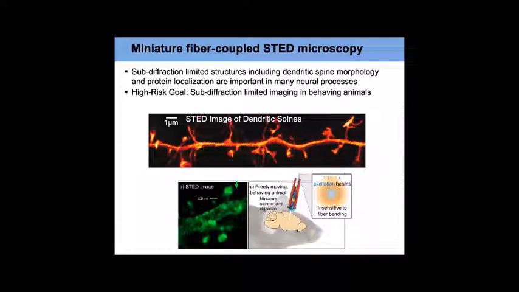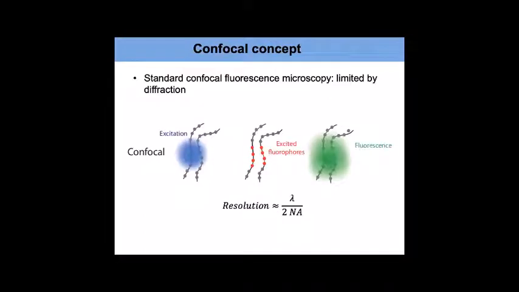Some of the interesting structures you can look at are dendritic spine morphology or protein localization. Okay, so STED, or stimulated emission depletion microscopy, is the technique that was first demonstrated by Stefan Hell.